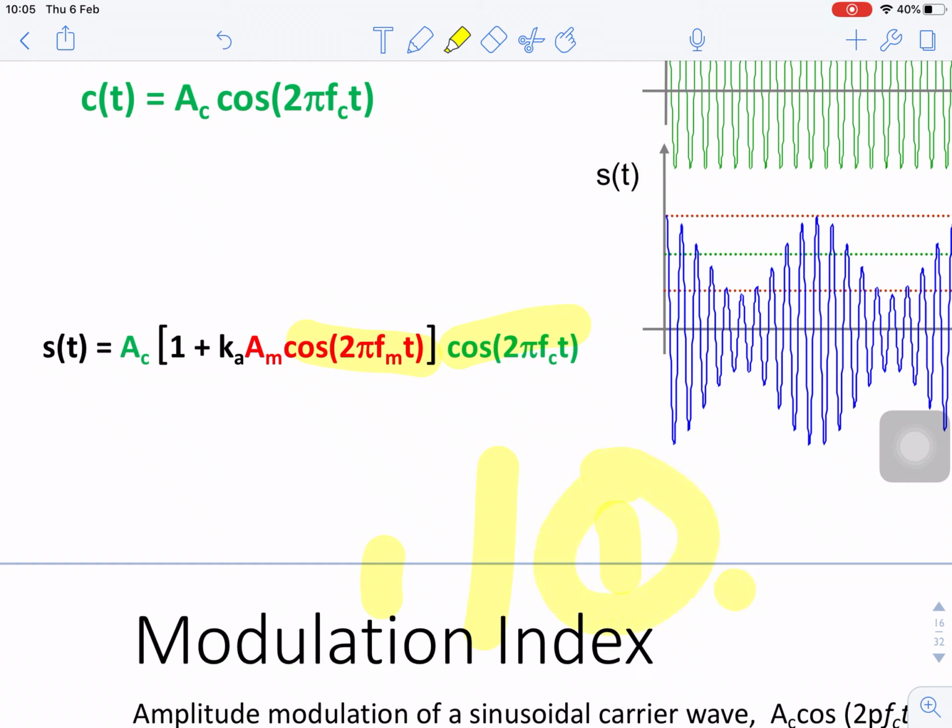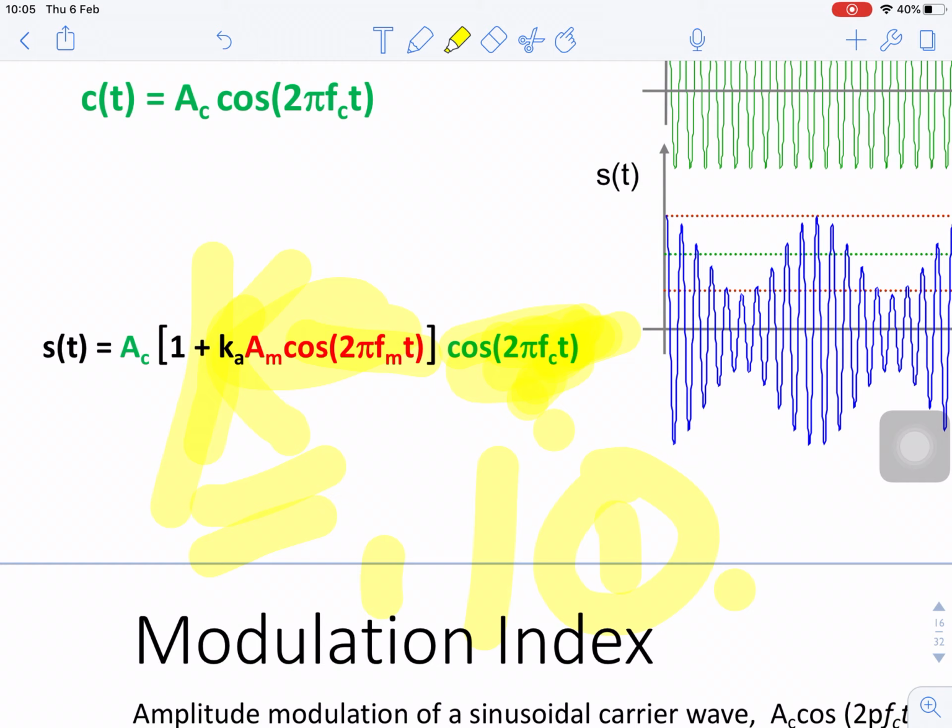So we multiply the original signal by a constant k. The constant k determines how much you would like to change the signal, and we multiply with the carrier signal.